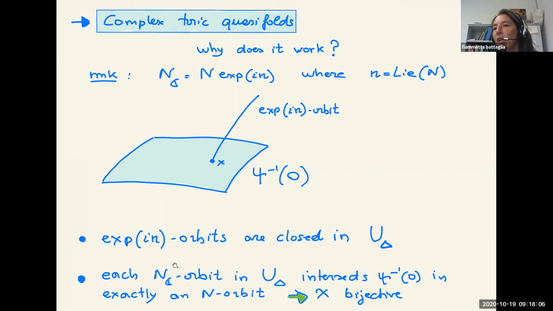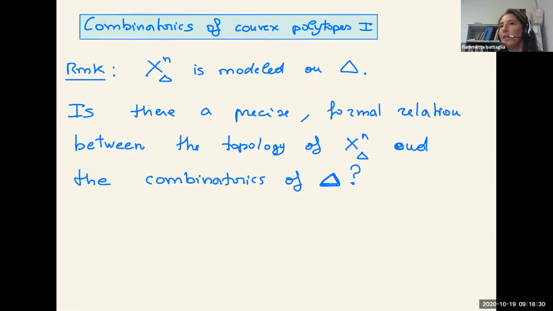And then we prove that each NC orbit in U delta intersects the level set in exactly one orbit. So that's what makes the mapping chi from one quotient to the other bijective. Because of this, the two quotients can be identified.